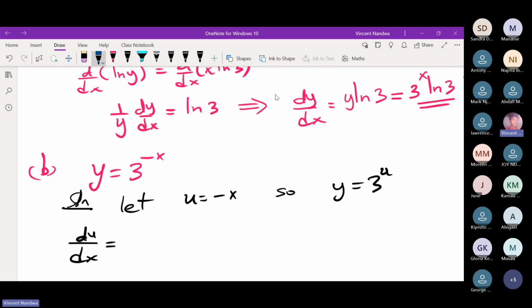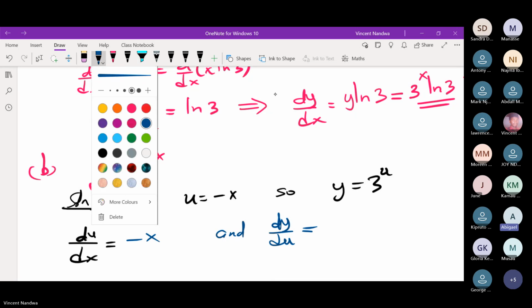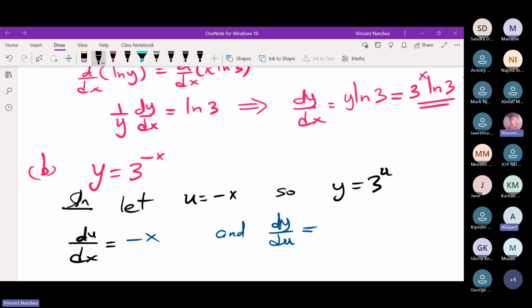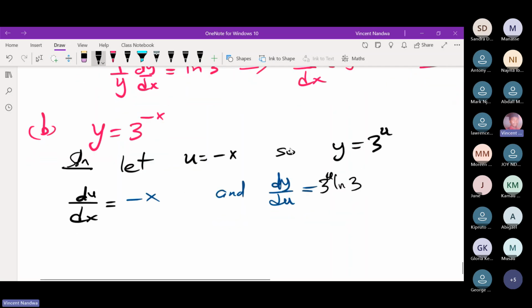And what will be dy du? dy du will be 3 power u ln of 3. So therefore, this is -1, not negative x.